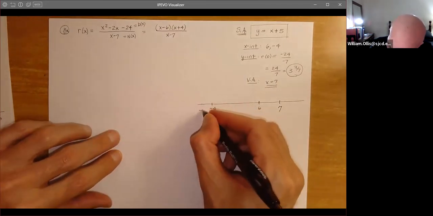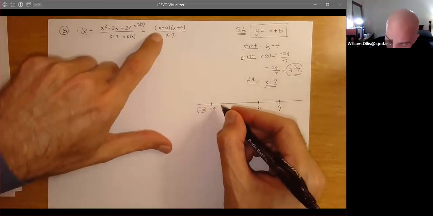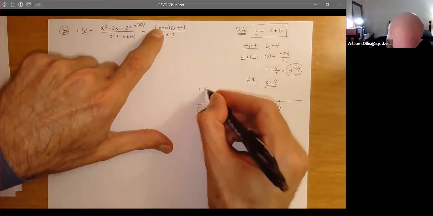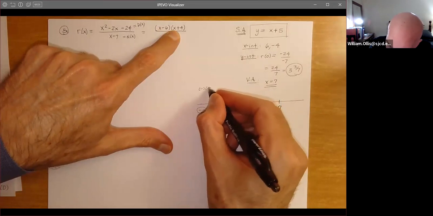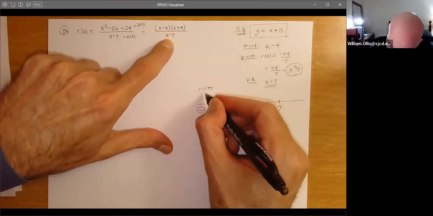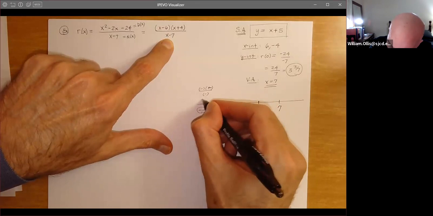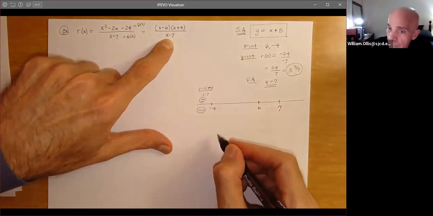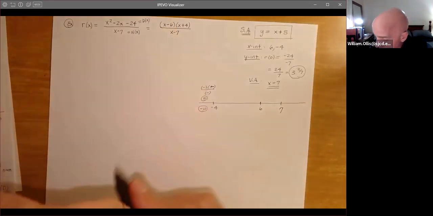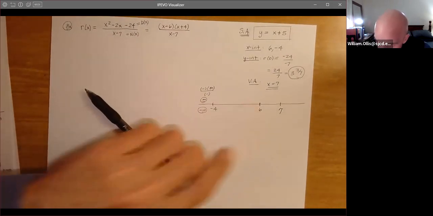So let's do our friend -10. So -10, we've got negative, negative, and then negative. All negative, negative, negative. And now these are all multiplicity 1.